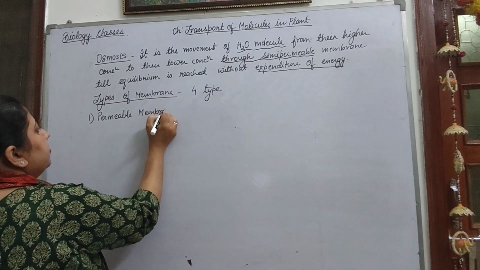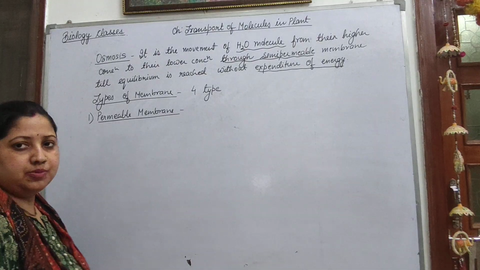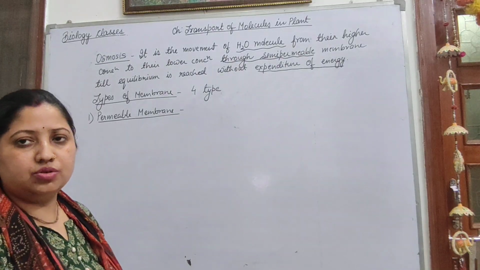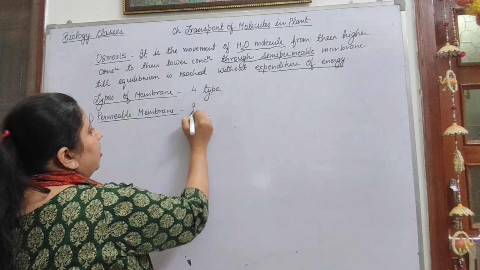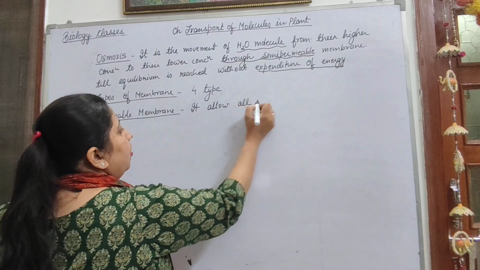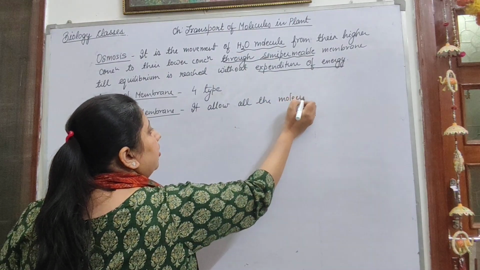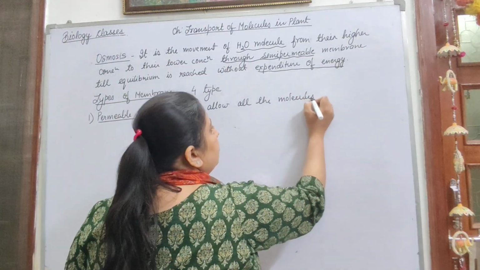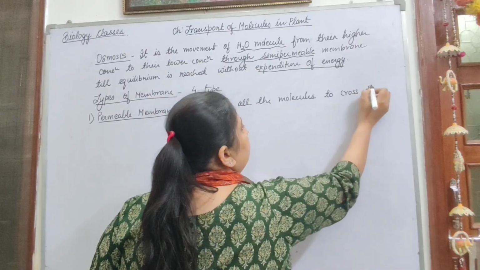A permeable membrane is one which allows all types of molecules, solid, liquid, all molecules, to cross through it. So it allows all the molecules to cross through it.